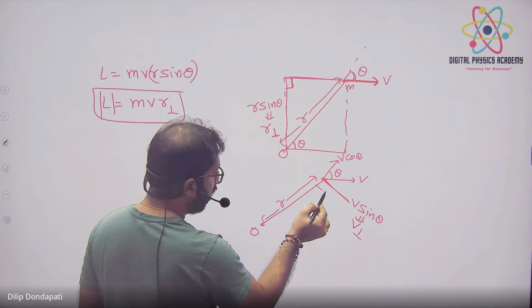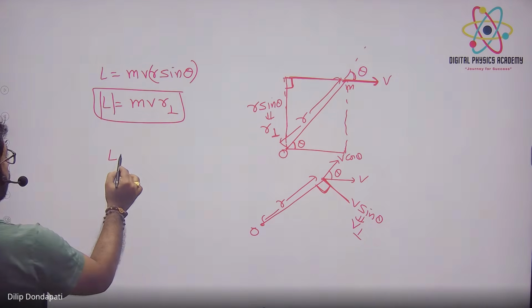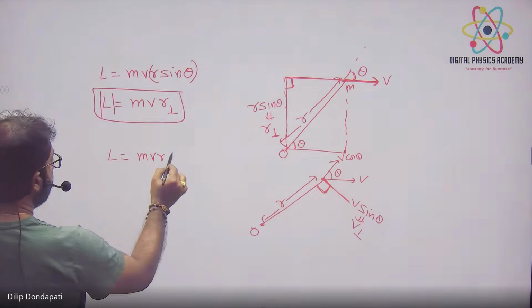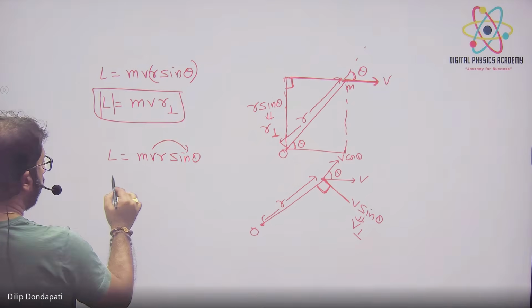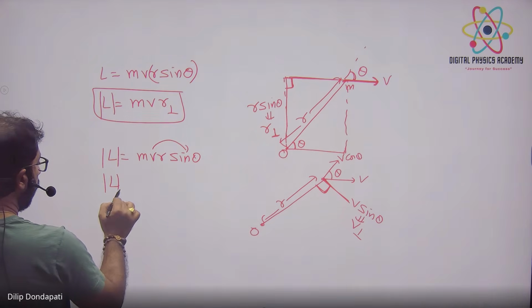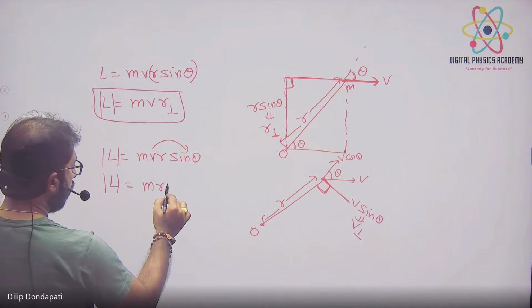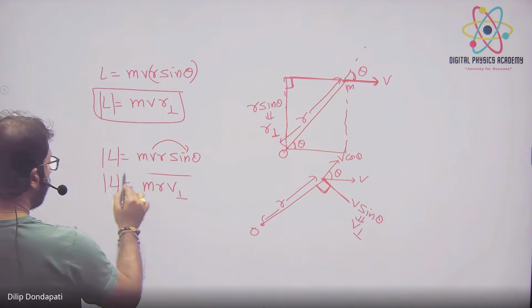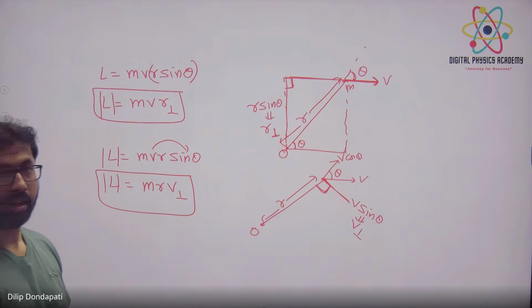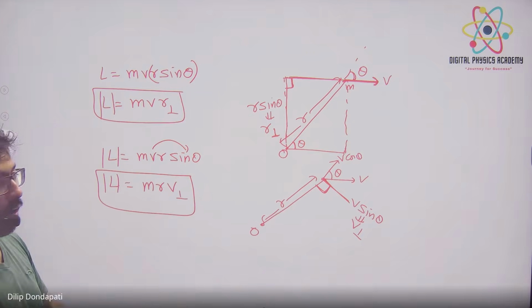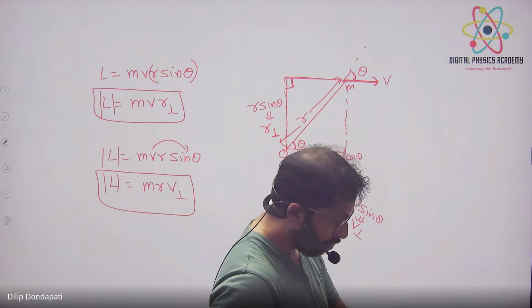R से perpendicular वाला. Now L = mvr sin θ is the basic formula. V and sin θ I'm combining, mr v sin θ को I can write as v perpendicular. So mvr perpendicular or mrv perpendicular, all are the same formulas which we are using in the angular momentum के formula में.